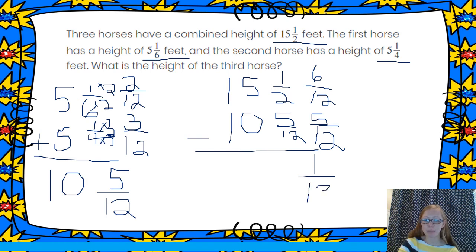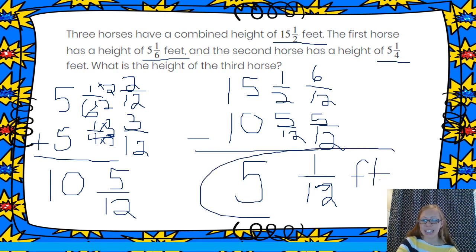I'm going to subtract my whole numbers as well. 15 minus 10 equals 5. So the third horse is 5 and 1/12 feet tall. This is in simplest form. Anytime you've got a 1 in the numerator, you'll know, yep, that's definitely simplest form here.